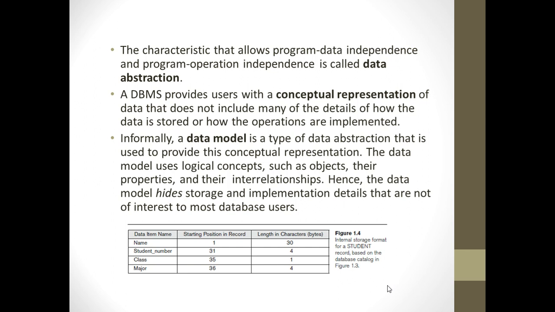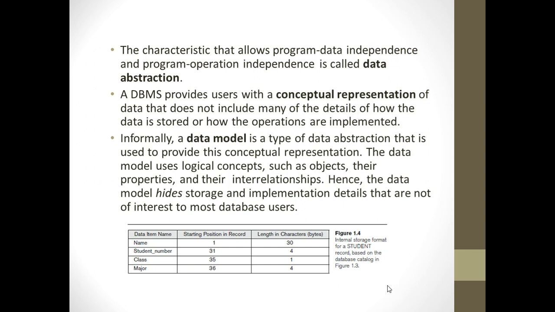The users only get a conceptual representation of data. That is, there is a patients table, there is a doctors table. Patients are related to doctors, and the patients will also have some nurses in their wards or rooms.